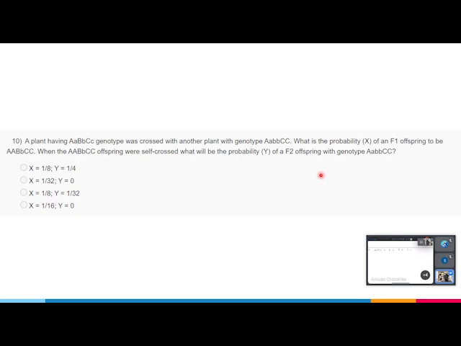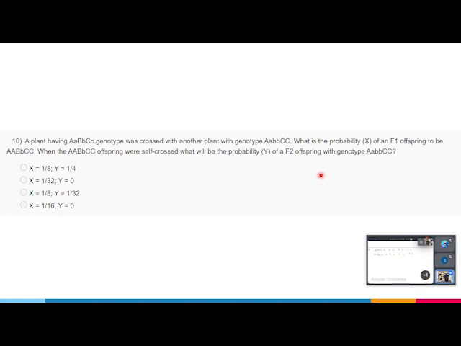Similarly, for the second one, we will have capital A, small b, capital C. So as I said, we separate them into smaller simplified crosses.